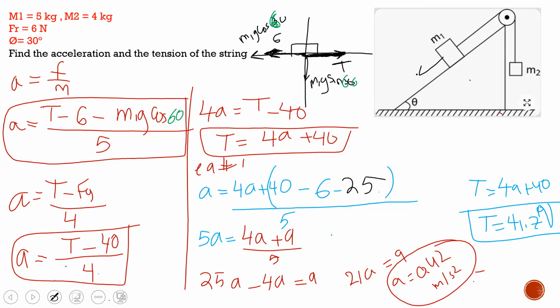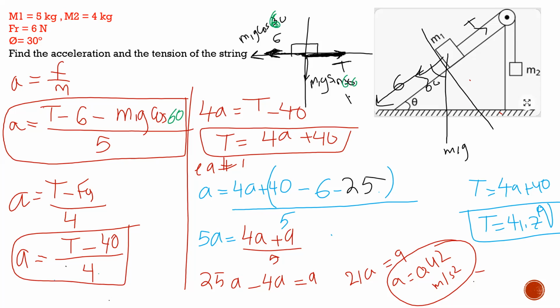For the mass m1, we have friction 6 here, we have tension, here we have M1G, and since we have 30, this angle will be 60. So in this x-axis we have M1G cosine 60. So we have tension minus 6 minus M1G cosine 60 over mass 1, which is 5. Then T minus 6 minus M1G cosine 60 over 5 is the acceleration.